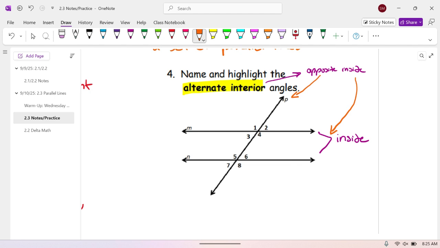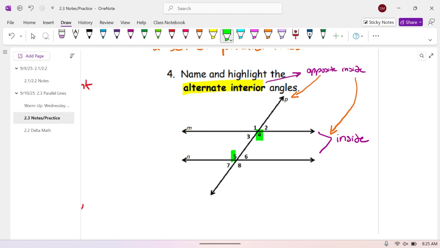Can someone raise their hand and tell me one pair of alternate interior angles? 5 and 4 are. So 5 and 4 are both within the parallel lines and they're on opposite sides of the transversal.